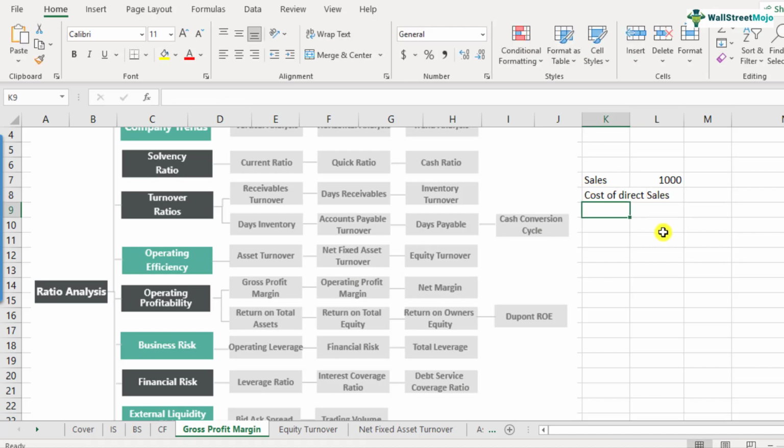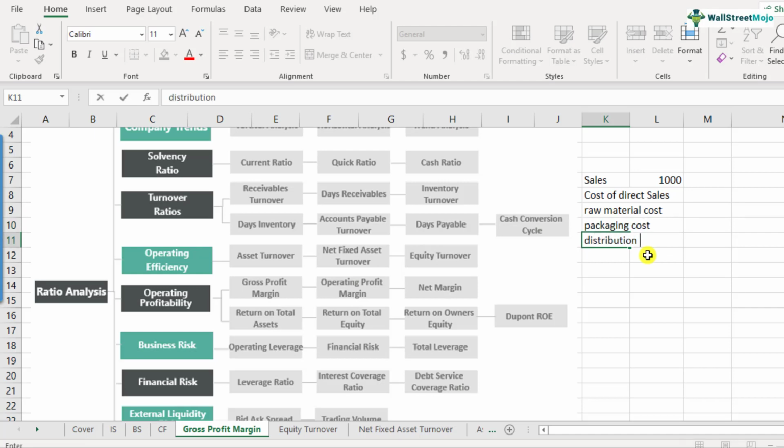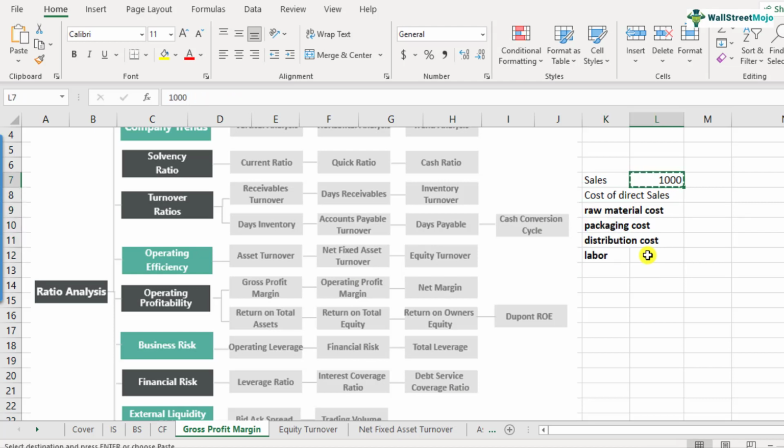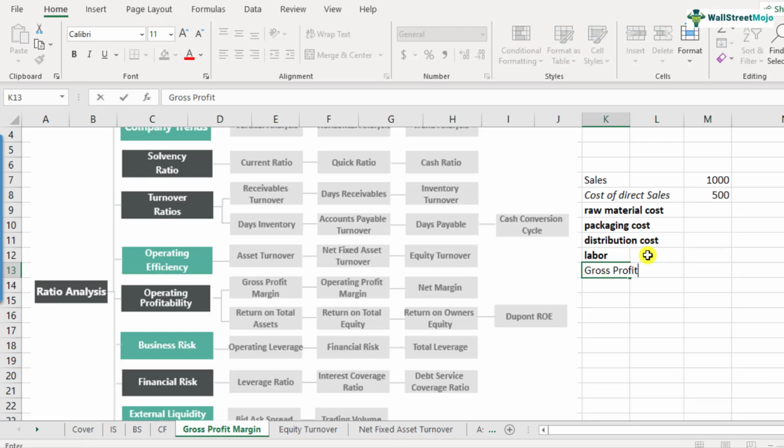So what are the costs that can go under direct sales? It could be the raw material cost, packaging cost, distribution cost, labor costs, and any cost which can be directly associated with that sales process will be the cost of direct sales. So if you have the sales as 1,000 and let's say your cost of direct sales is 500, your gross profit is defined as sales minus the cost of direct sales.